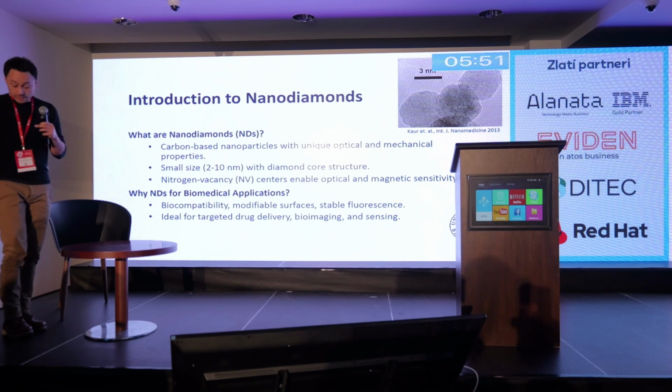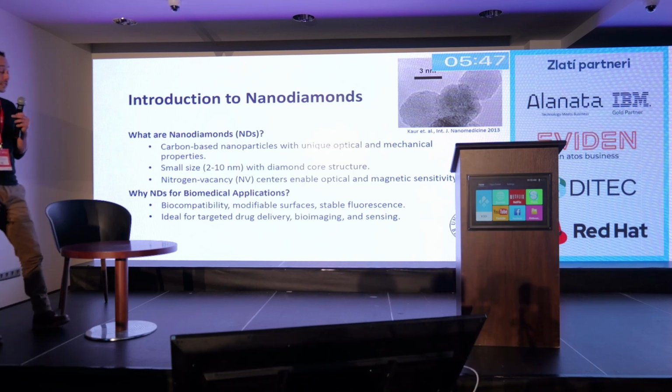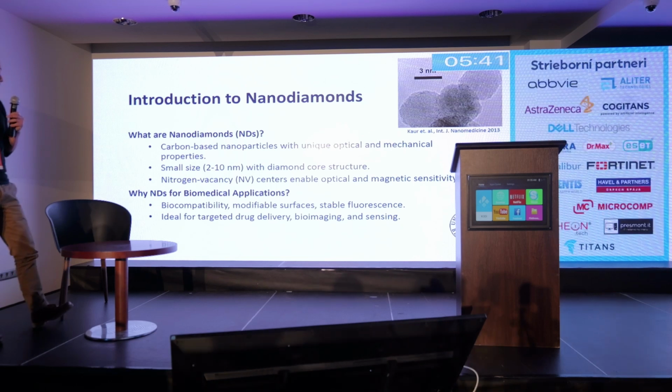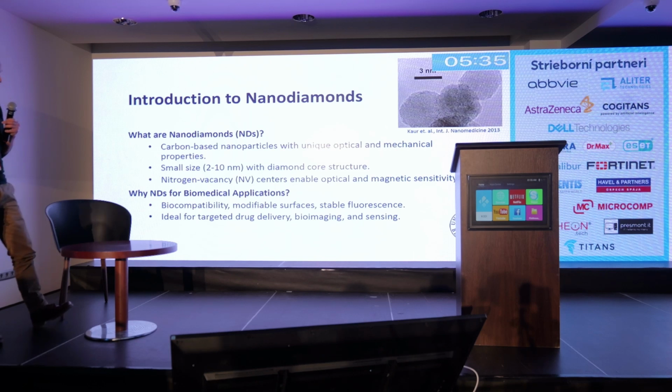In the case of nanodiamond, we're talking about small-sized particles, 2 to 10 nanometers, generally below 100 nanometers in size. And they contain nitrogen vacancy centers, which enables optical and magnetic sensitivity.